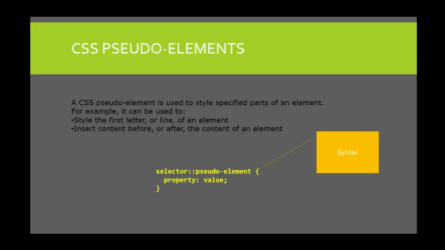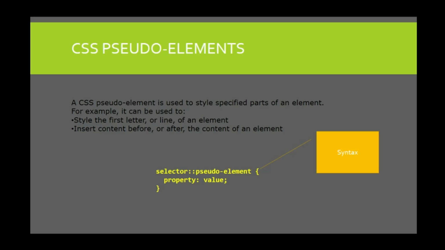Okay, the next one we have is CSS pseudo elements. A CSS pseudo element is used to style a specified part of an element. For example, it can be used to style the first letter or line of an element. So it can choose a specific part inside the element, only a certain part. It can also insert content before or after the content of an element.